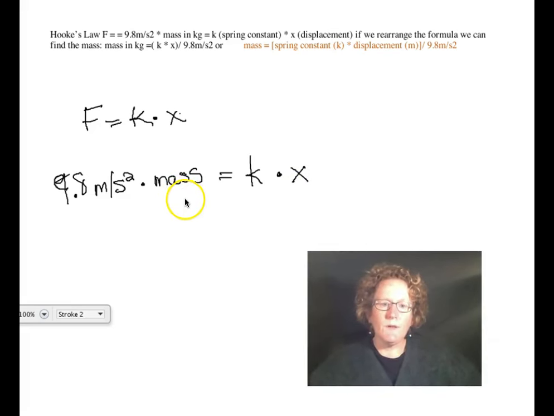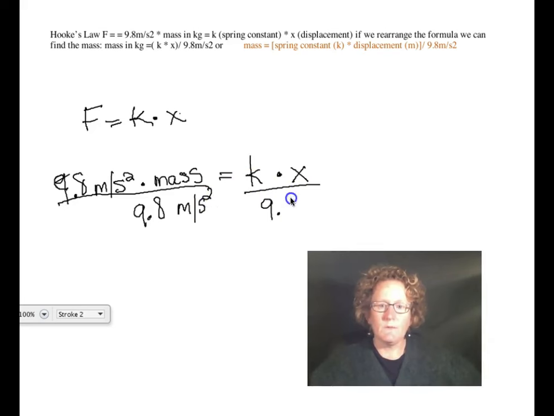So if we rearrange this formula a bit, we can find the mass by dividing both sides by 9.8 meters per second squared. So let's do that, because the rules of algebra say we can always do the same thing to both sides of an equation and it will still be equivalent.